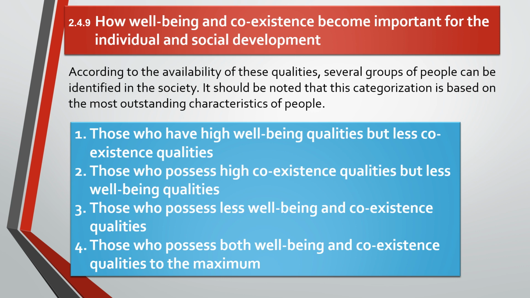They offer to help neighbors and relatives frequently. So they are always ready to help others. Those with such well-being and coexistence qualities are a great blessing. You should also aspire to be one such person. So in this manner, by developing qualities of well-being and coexistence in you, you can contribute to social upliftment fruitfully. So it is the fourth category.